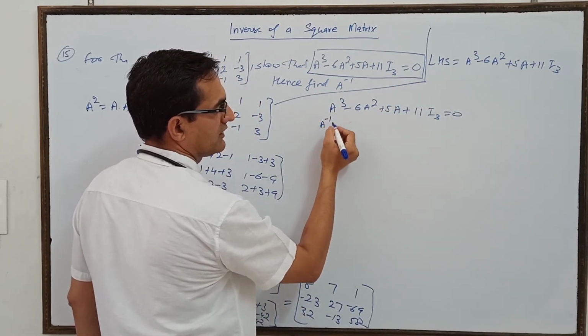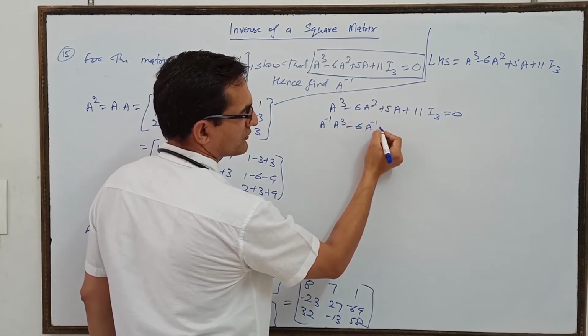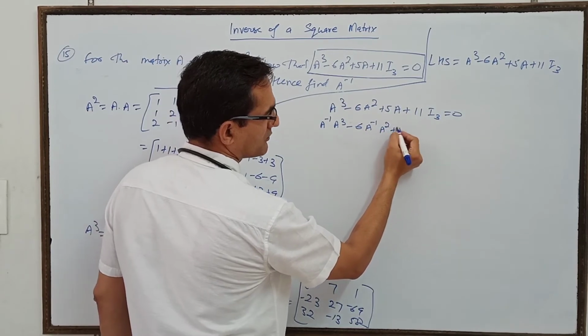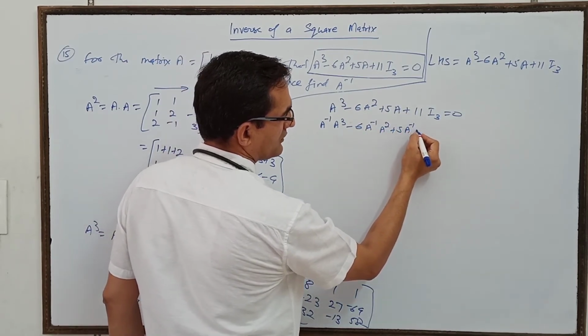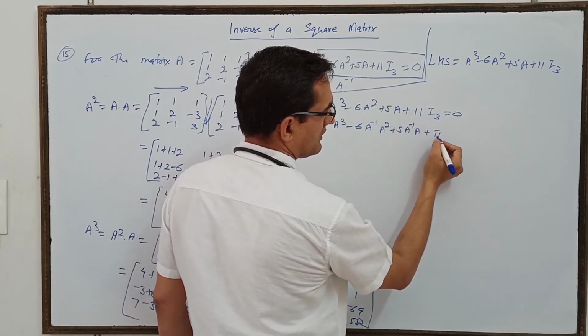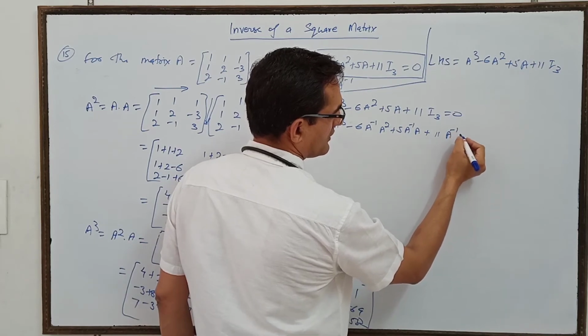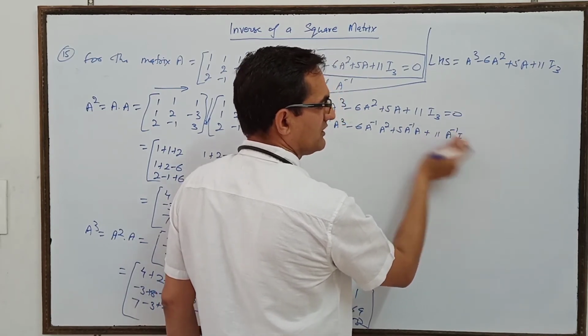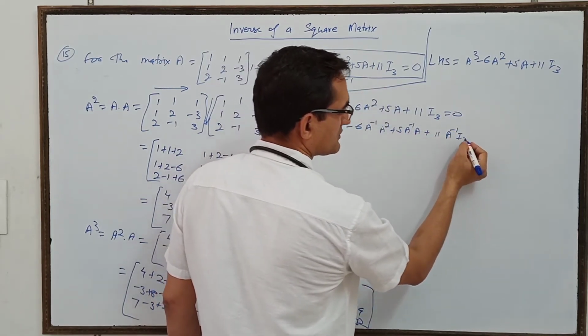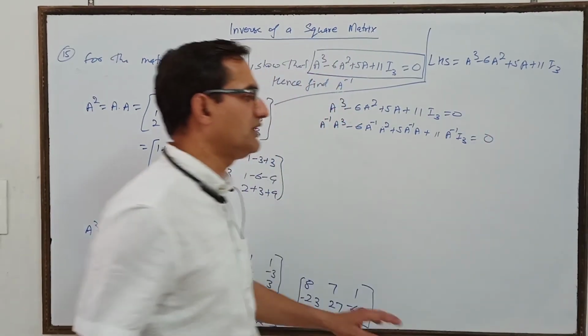Inverse of A into A cube minus 6 into inverse of A into A square plus 5 into inverse of A into A plus 11 into inverse of A into identity matrix of order 3. We know that it is order 3. This is equal to inverse of A into 0 matrix, it will be 0.